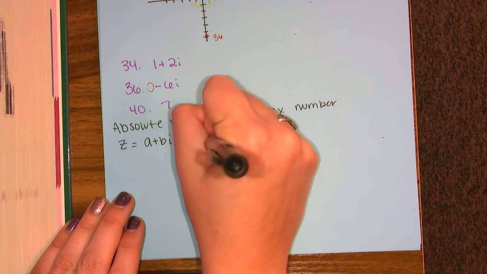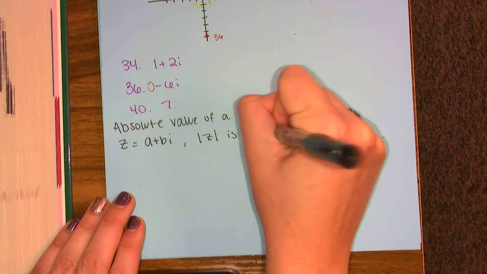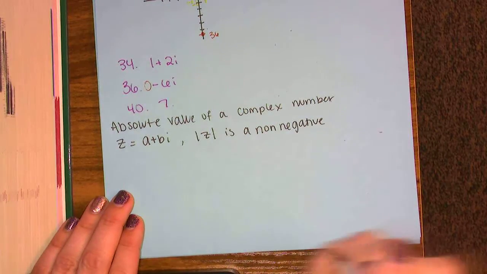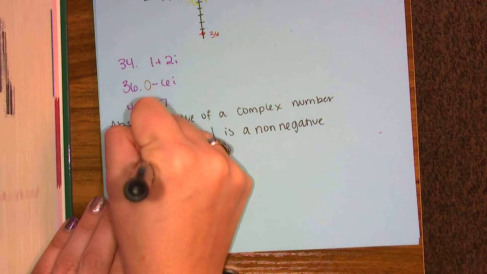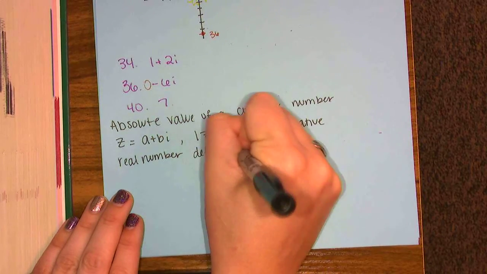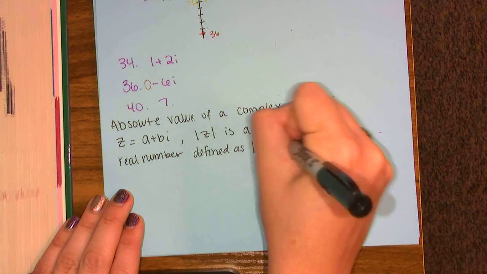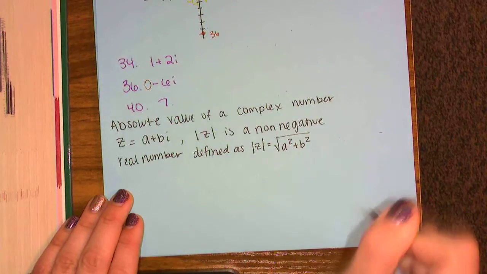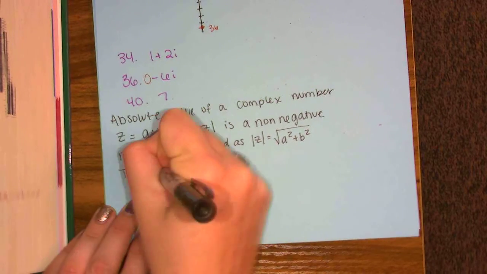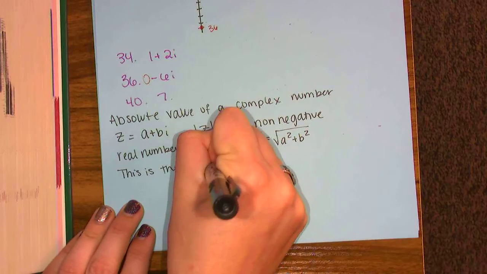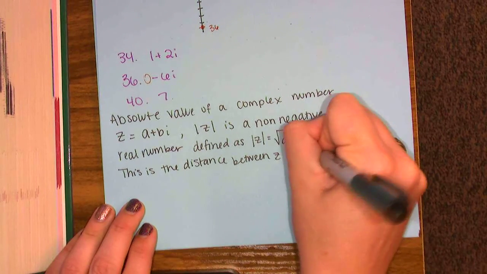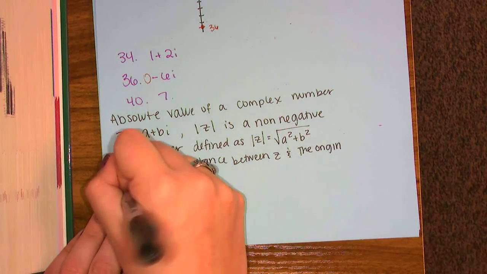The absolute value of z is a non-negative real number, and leave some space over here on the right to draw a picture, defined as the absolute value of z is equal to the square root of a squared plus b squared. Hopefully that looks relatively familiar. This is the distance between z and the origin in the complex plane.